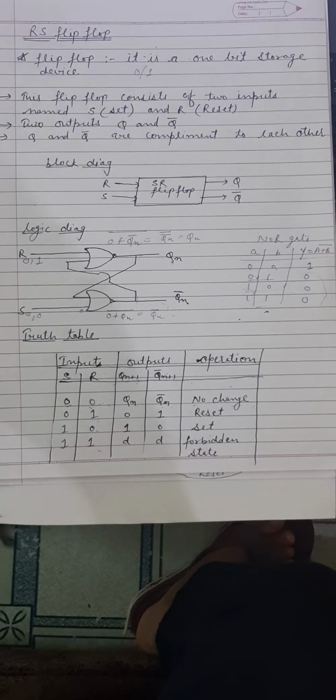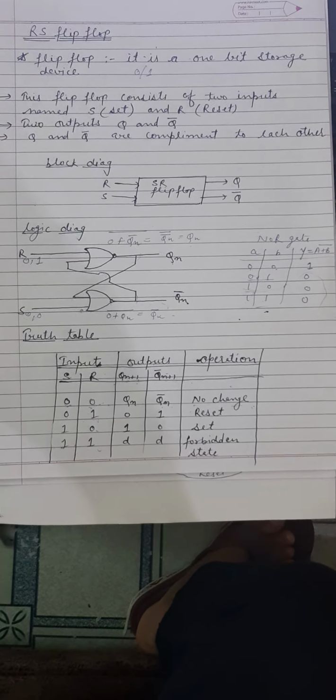So the output of the NOR gate is (0 plus Qn complement) whole complement, which is Qn complement double complement, which equals Qn. So when R is 0 and S is 0, we get output Qn, and this Qn goes into the other NOR gate with S equal to 0, so the output is (0 plus Qn) complement, which equals Qn complement.